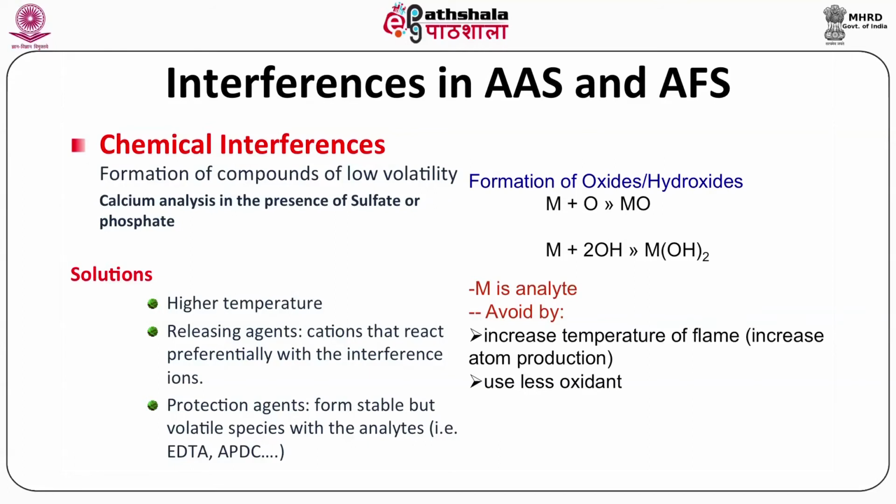Here you can see the formation of oxide and hydroxide of the metal M. The solution is to use high temperature, releasing agents, which are cations that react preferentially with the interfering ion, and protection agents, which form stable but volatile species with the analyte, such as EDTA and APDC. It can also be avoided by increasing the temperature or using less oxidant.